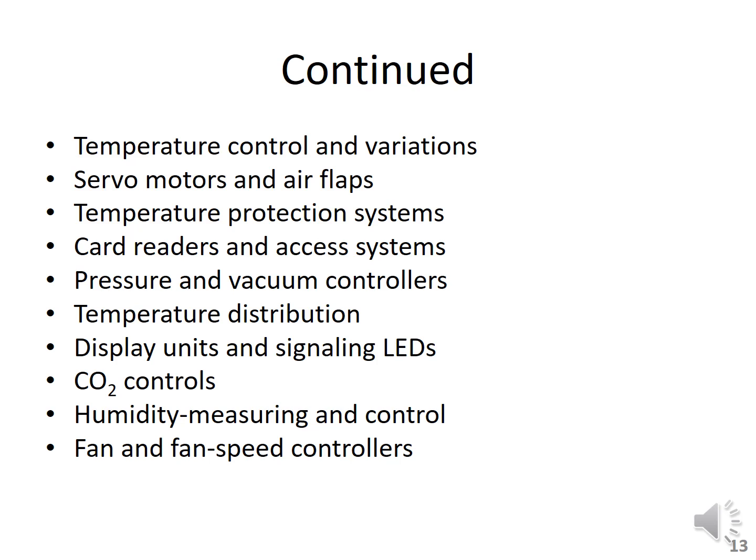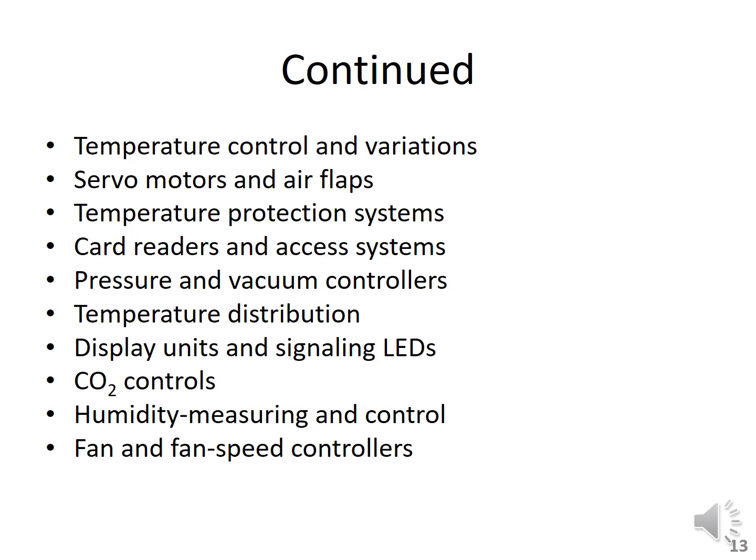If you are working with the machine and the IT is involved in that case, yes, card readers and access systems are also important. Pressure and vacuum controllers, these are important because you are working with the machines. So these are all actually the relevant machineries. A bit more you can say about the mechanical machinery or mechanical work we are talking about.